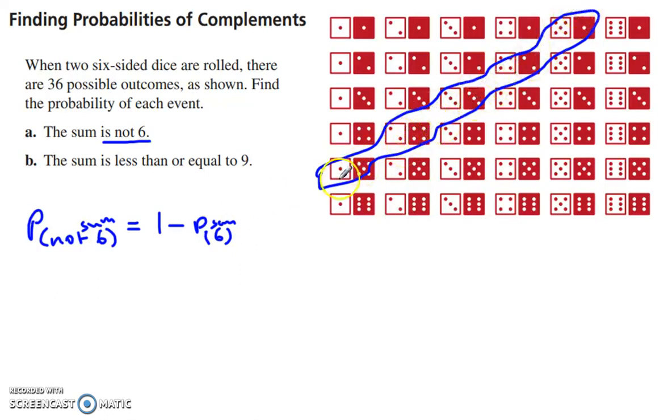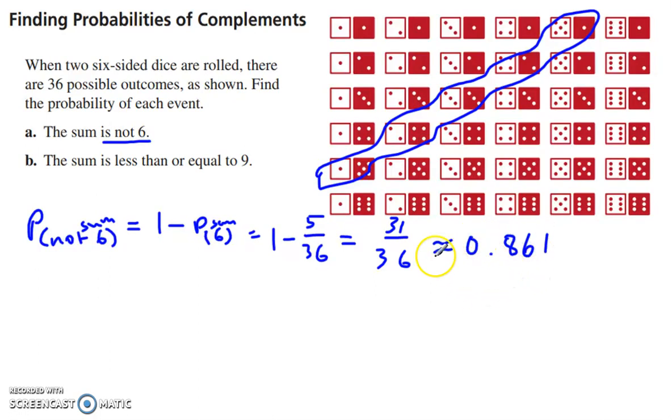Because if I just subtract these from the whole thing, then I have that same probability there. So I can just say 1 minus, and this is 5 out of the 36 total, and that would leave me with 31 out of 36, or approximately 0.861.